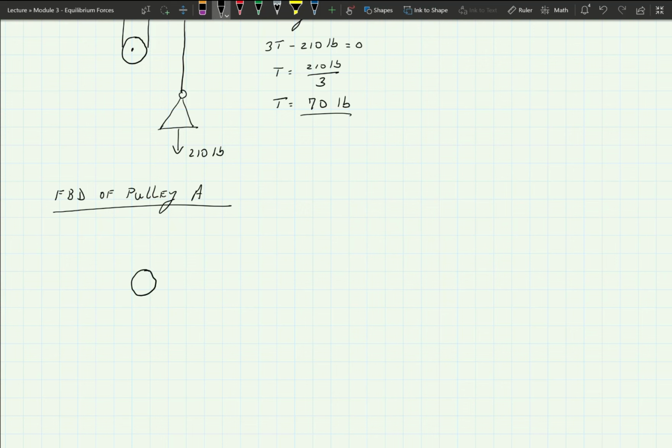So let's put a circle in there. We know this, and we know this, and we know we got this. That's our P unknown, and we know each of these is 70 pounds.